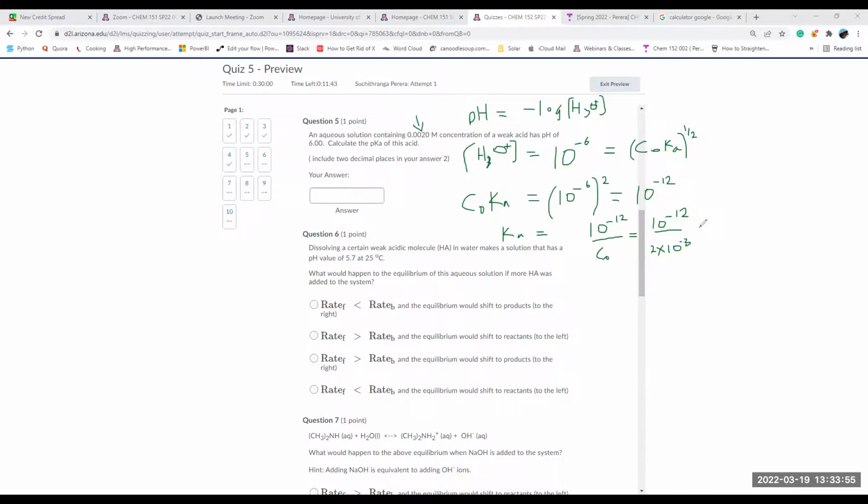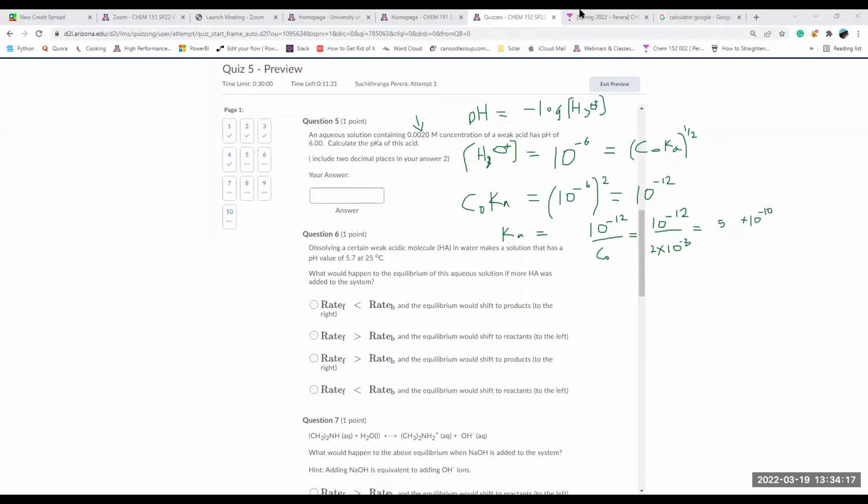This is equal to 5 times 10 to the power of minus 10.